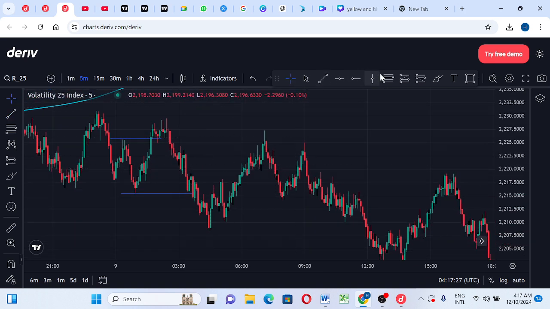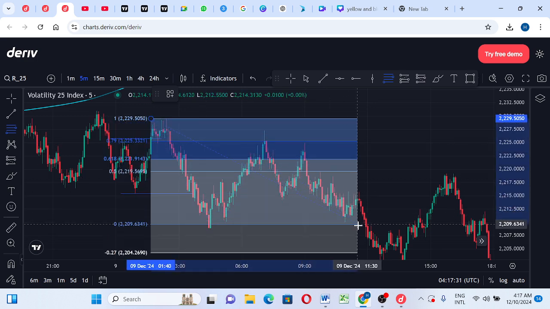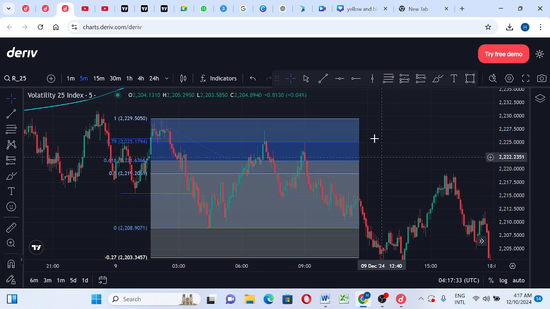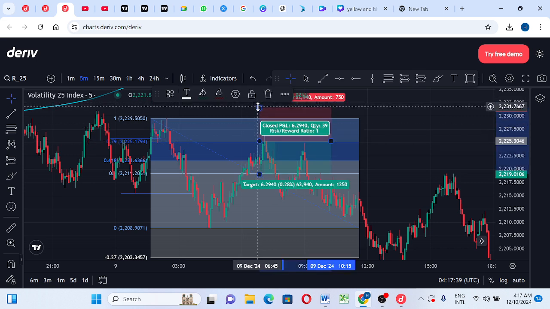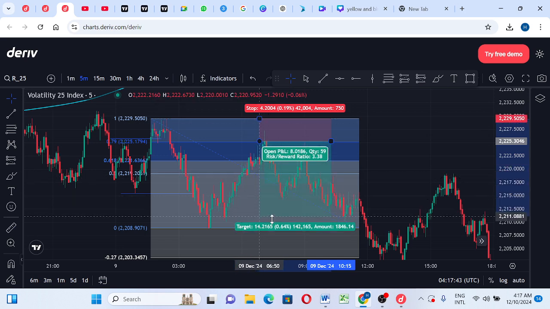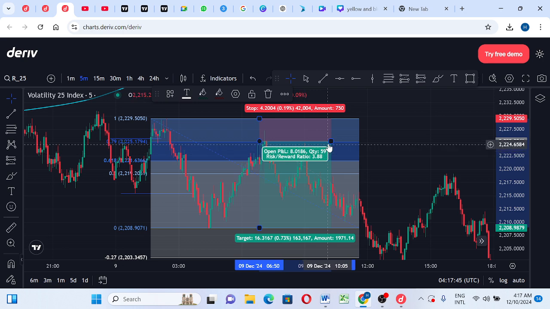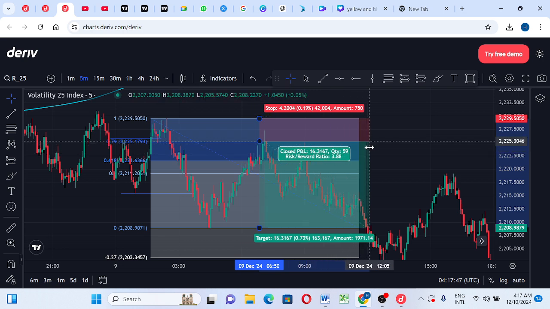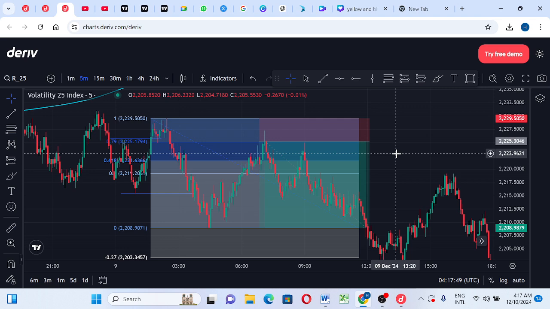Then what do we do? We mark our level from our swing high to our swing low. Then price gave us a reaction from the 0.618 level. We took our trade after I would have hit the first trade stop loss. We took our trade, and then this was it. Take profit got hit.